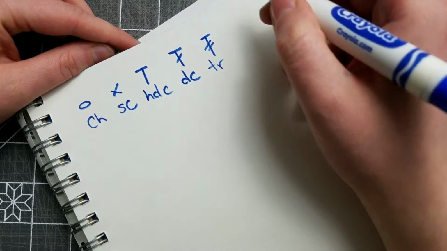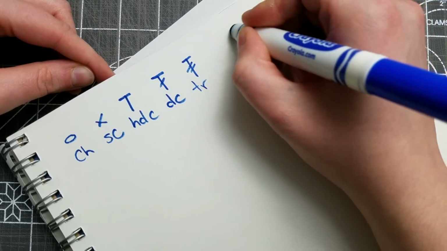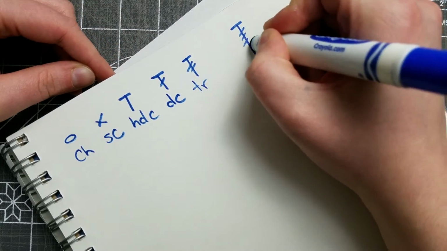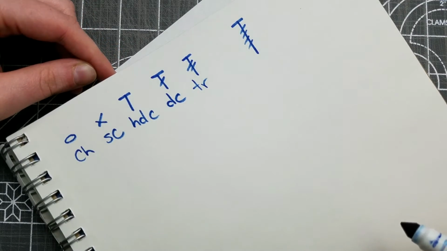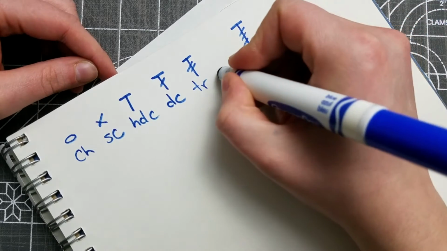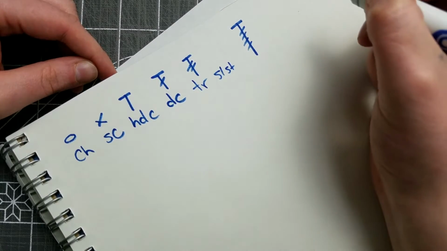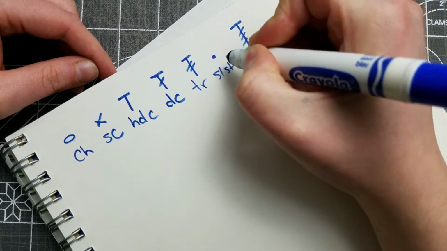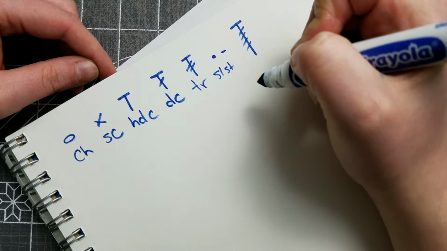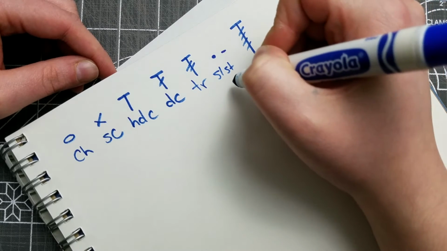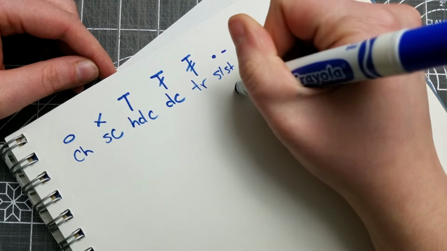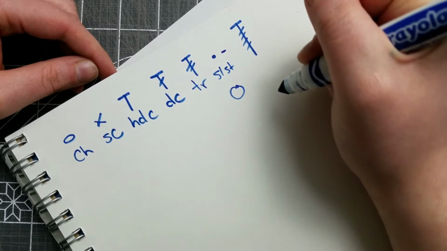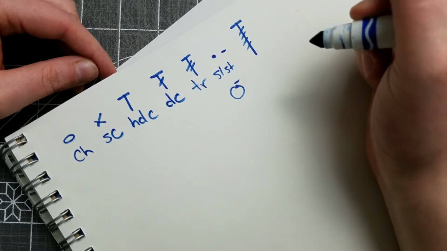And the taller your stitch goes, the more hatch marks your T is going to have. A slip stitch is usually notated as either a dot or a little dash when you, for example, close a round. You might have a dot there or a little dash there.